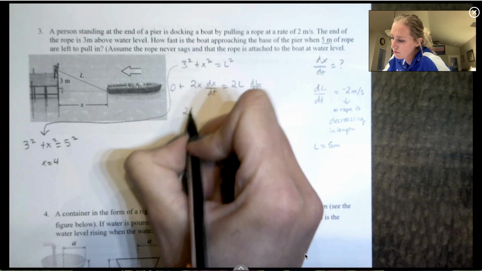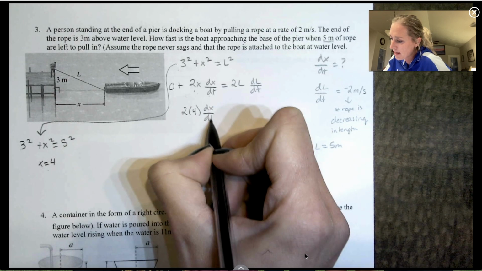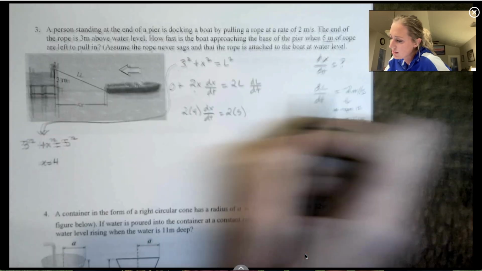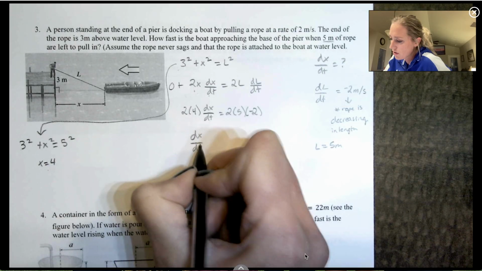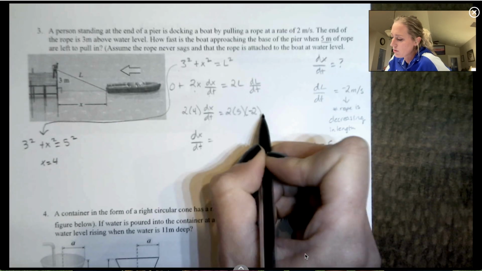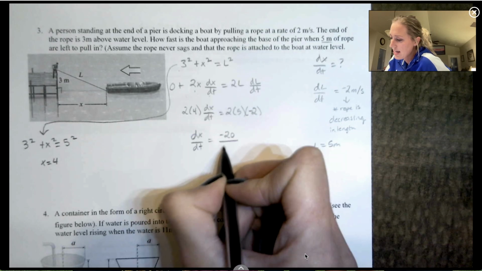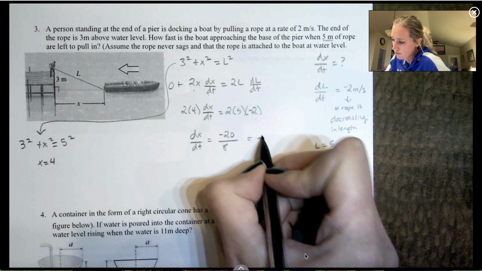We've got 2 times 4 times dx/dt, which is what we're looking for, equals 2 times L, which at this instant is 5, times dL/dt, which is -2. That gives -20, and then we divide by 8, and I get -2.5.